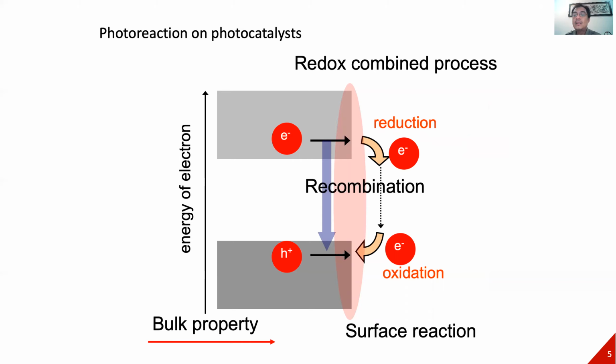The electron is the reduction active site, and the hole is the oxidation active site in the photocatalytic reaction. Therefore, to produce a high photocatalytic activity, electron and hole recombination needs to be reduced or avoided, so that the electron and hole work effectively as reduction and oxidation active sites.